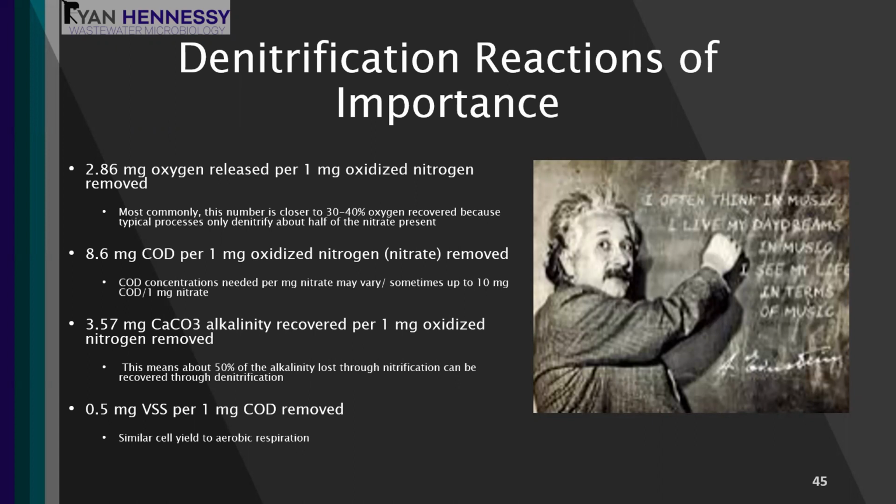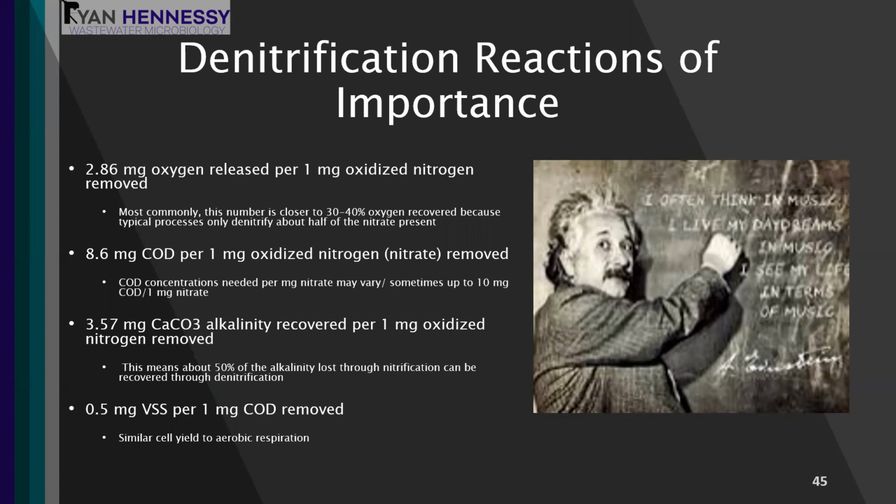Now, in order to get the ORP values low enough for anoxic reactions, we have to have enough carbon. Ultimately the BOD or the COD is going to be a driver, and sometimes it's internally stored by the bacteria as PHB, or it can be external carbon.